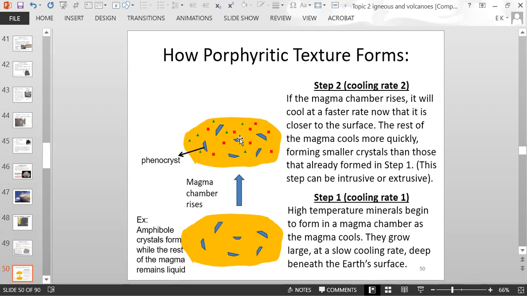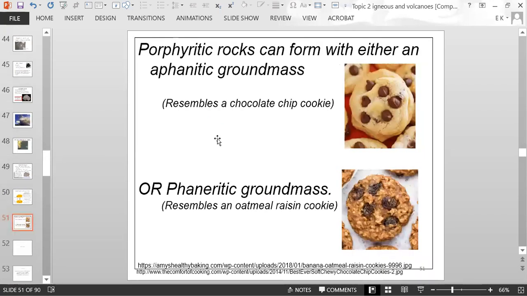But if it stayed down here, but just closer to the Earth's surface, you would have small crystals that were visible, but they would be smaller than the phenocrysts. So porphyritic rocks can form, again, with either an aphanitic ground mass or a phaneritic ground mass.